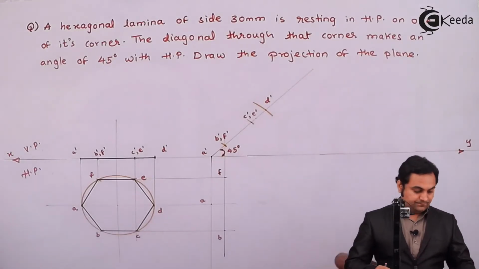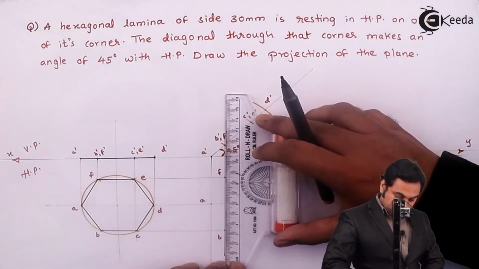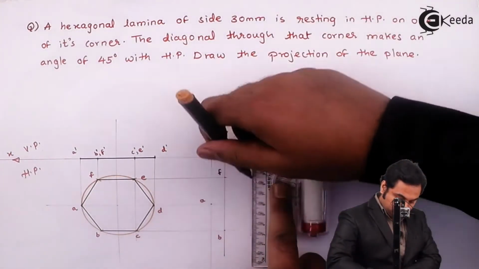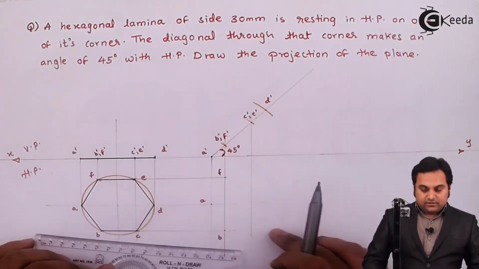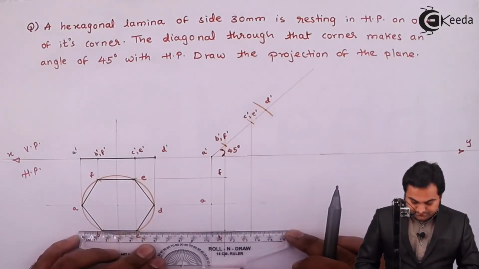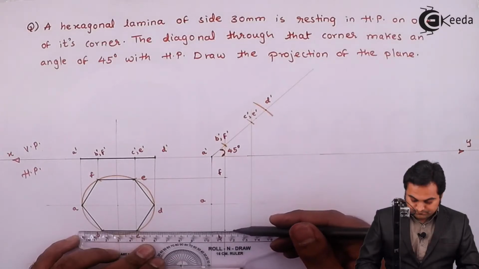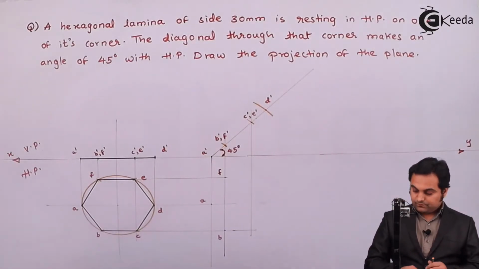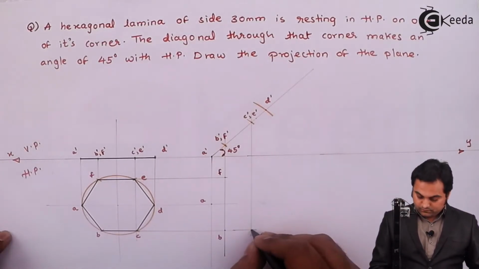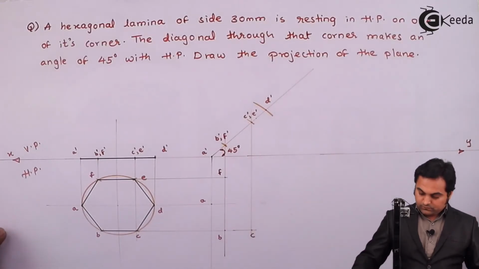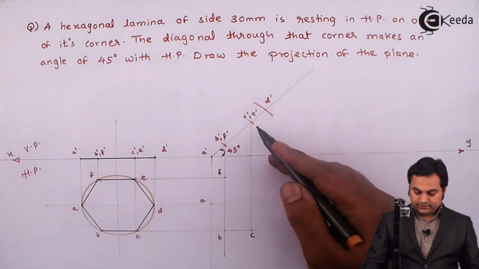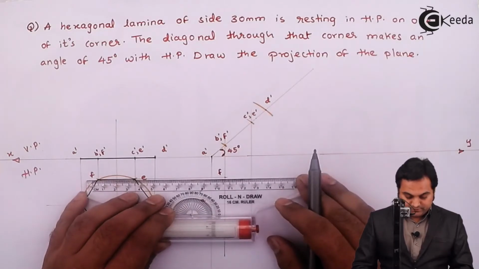C and E. B and C are onto the same level. Point C. E dash and E are on the same level.